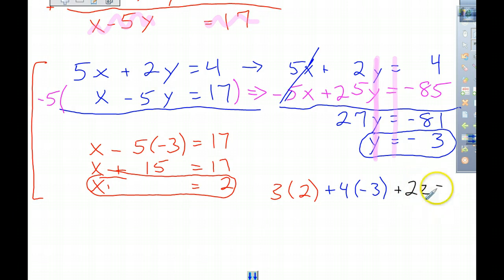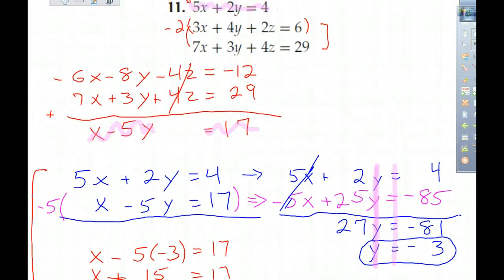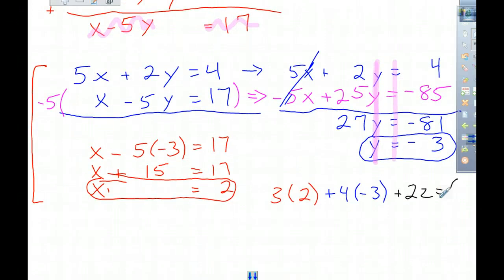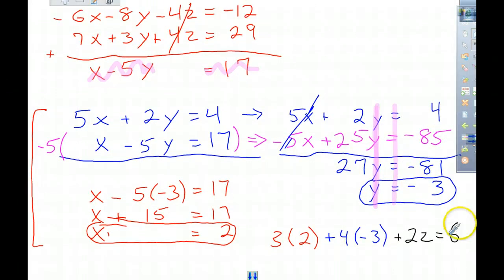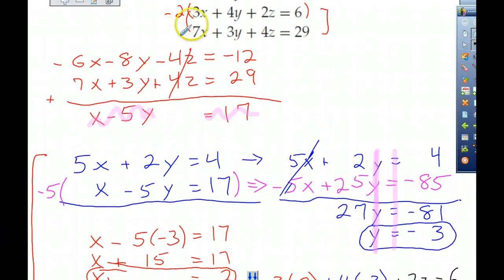I just evaluate my x and y into that second equation right here. X into here, y into here. Solve for z.